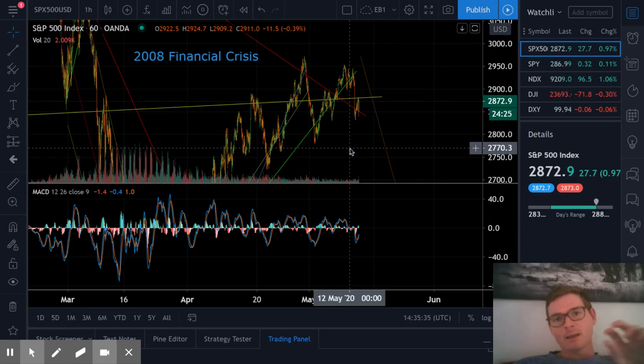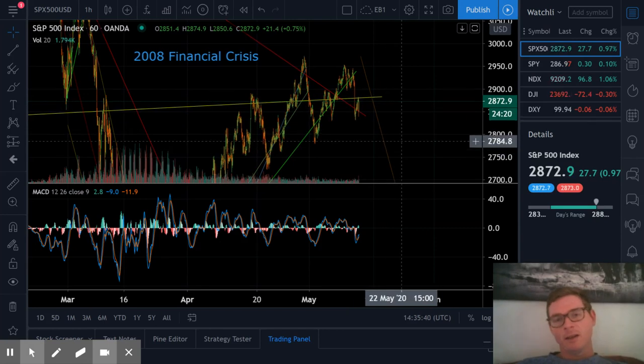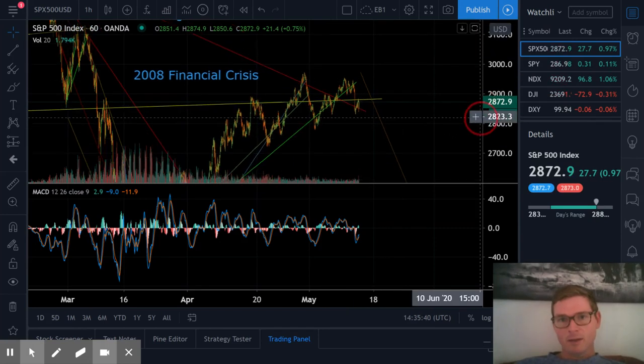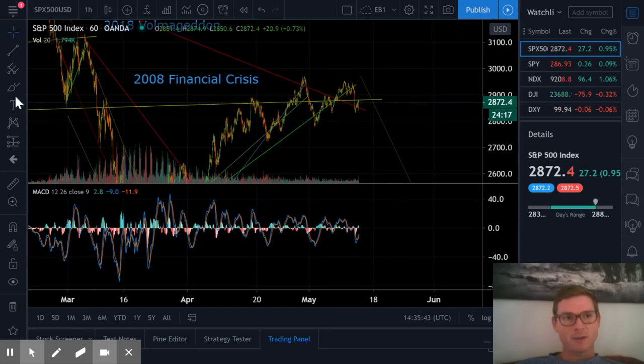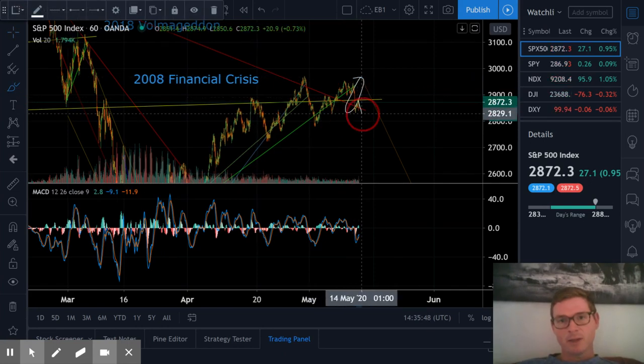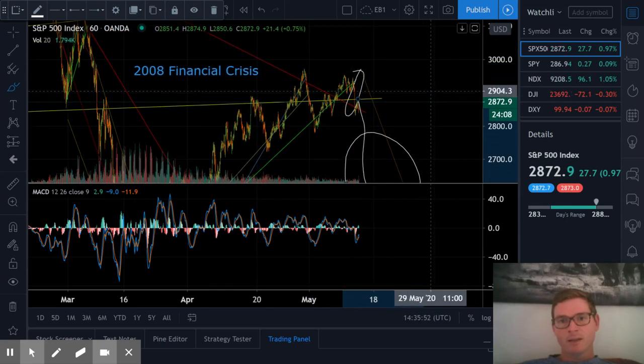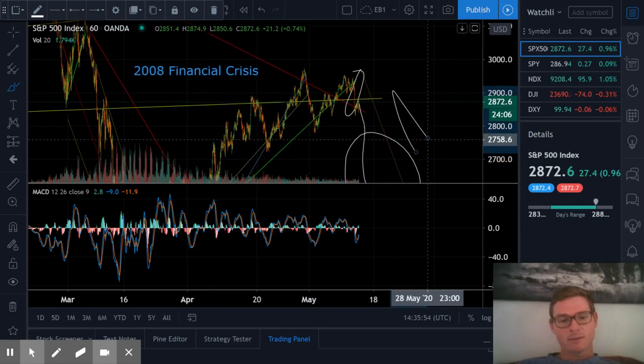So this is a really critical and tricky kind of day trading area right here, and we may very well have just fallen off the edge of a cliff here. And as soon as we break these lines, there's nothing below here supporting any of this stuff.